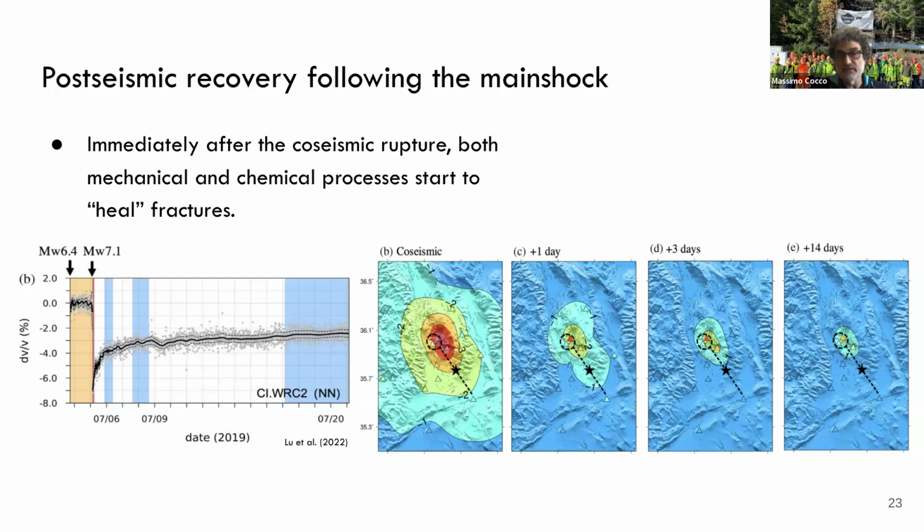Because if it is the former, I would not expect this large effect over such a broad area, because the stress change will be limited to the source volume. But if you are 100 kilometers far away and see a perturbation of the wave velocity, this means that the origin is not a change in the stress state.